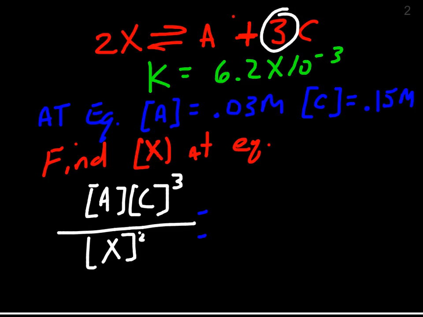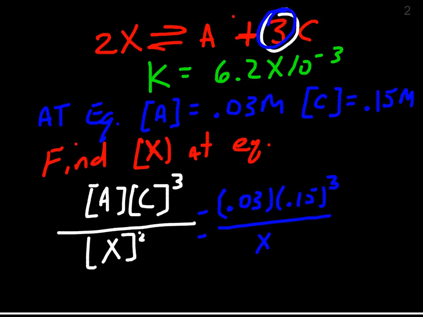That will equal, concentration of A was 0.03 times the concentration of C, which is 0.15, and I'm going to have to cube that because of that 3 coefficient there, divided by X squared, all being equal to 6.2 times 10 to the minus 3.